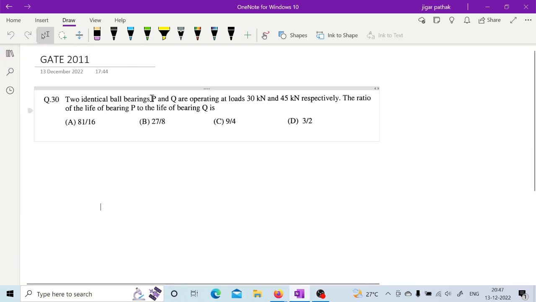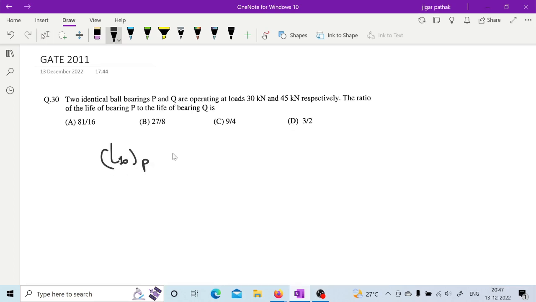Two identical ball bearings P and Q are operating at loads 30 kN and 45 kN. The ratio of the life of bearing P to the life of bearing Q is. So again you can go for this.